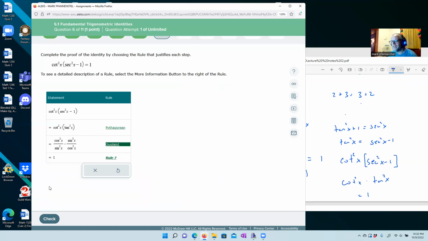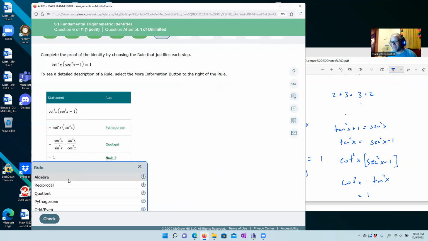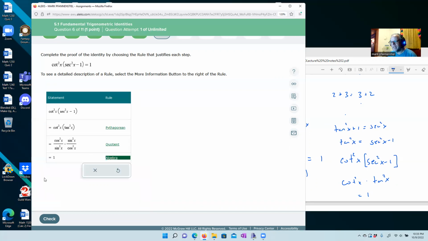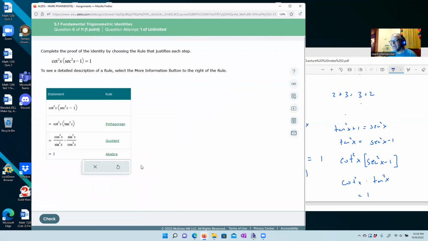Let's go with quotient, that means divide. So let's go ahead with the quotient rule of cotangent is equal to cosine over sine. And then the next rule, which I think is algebra. We can just multiply these together and cross-divide these out. That might be reciprocal, but let's bet on algebraic. And then we'll check to see if our answer is right on that one.